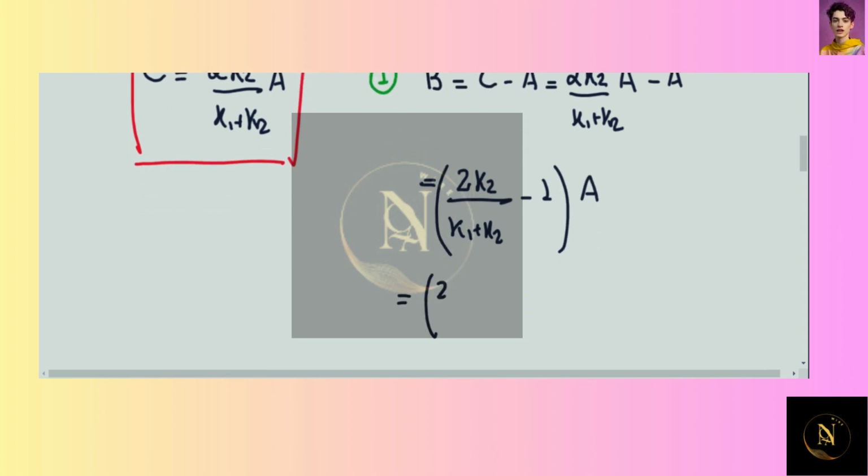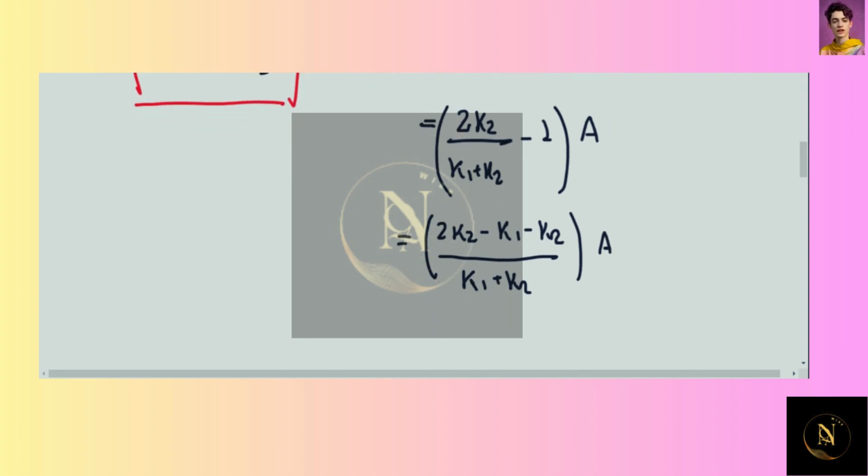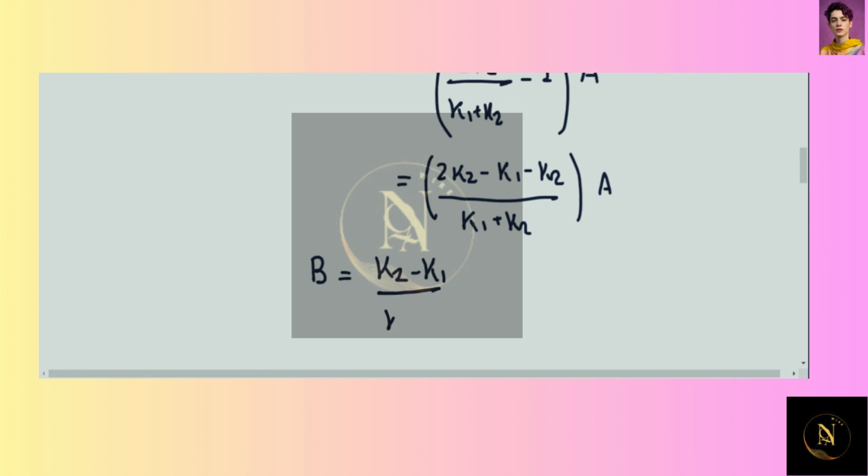So this is 2k1 minus k1 minus k2 divided by k1 plus k2 times a. So b is equal to k1 minus k2 divided by k1 plus k2 times a. And this is the value of b, which concludes our exercise.